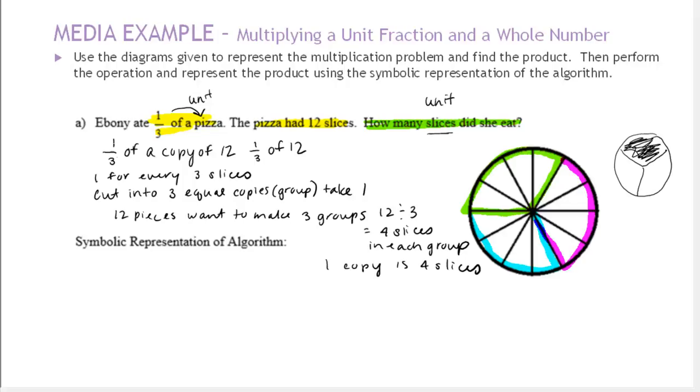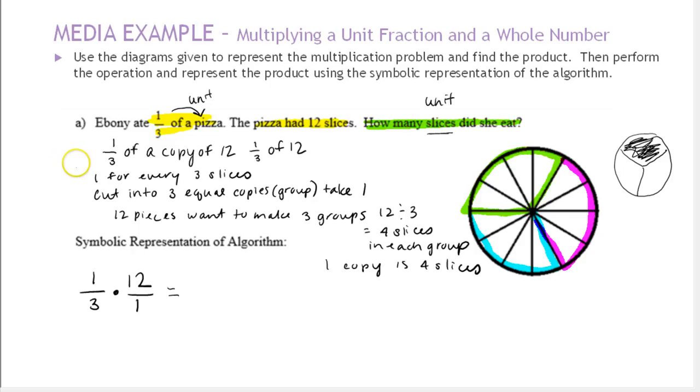So let's see how we do this. We want 1/3 of a copy of 12, which is 1/3 times 12. Okay. Now I'm going to put the 12 over 1 just so you could see the process. And notice what we ended up doing is taking the 12 and dividing it by 3.